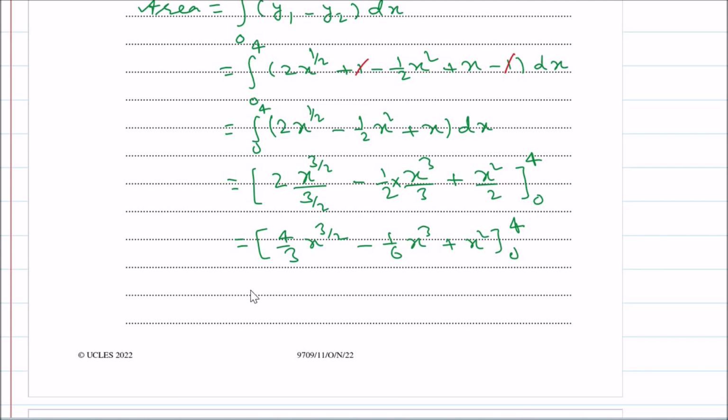Now when you will put the value 4, we get, in the first term you will get 32 by 3, second term will give us 32 by 3, and 4 square is 16 by 2.